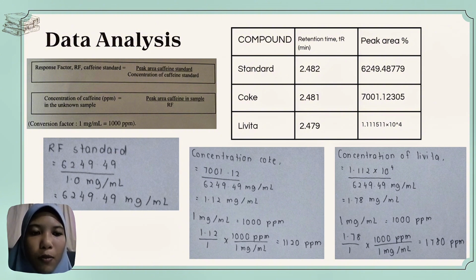We use the formula peak area of caffeine in sample, which is Coke, over response factor, and we got 1120 ppm of concentration for Coke. And for the Levita, we use the same formula, which is peak area of caffeine in Levita over response factor standard, and we got 1780 ppm of concentration.